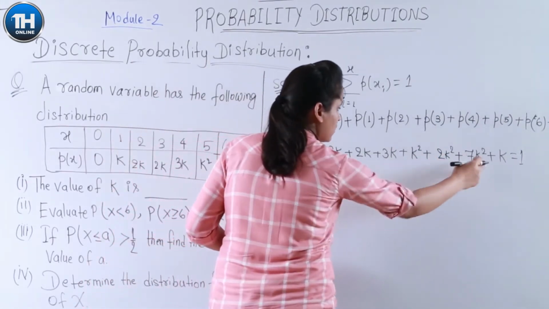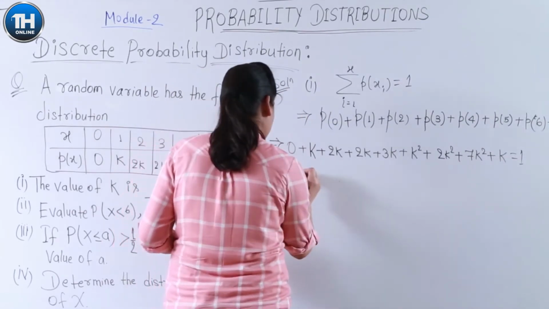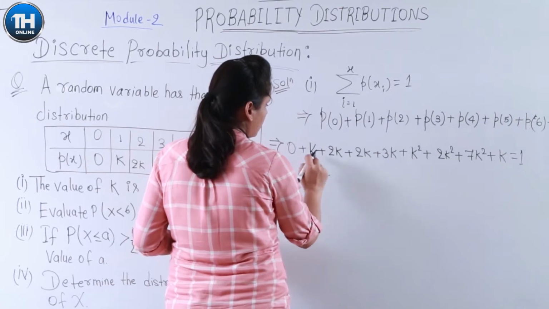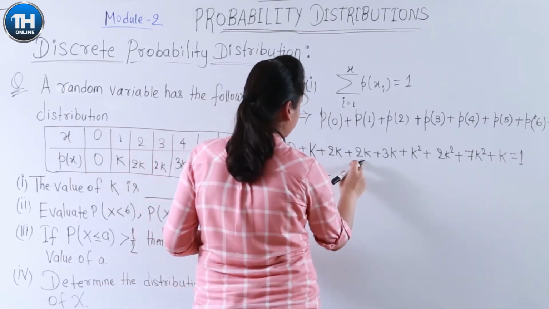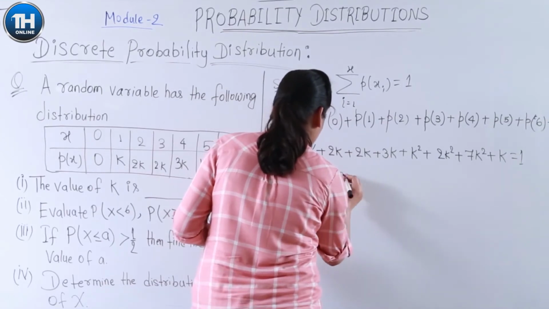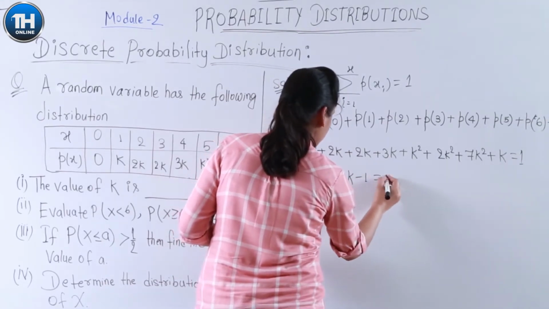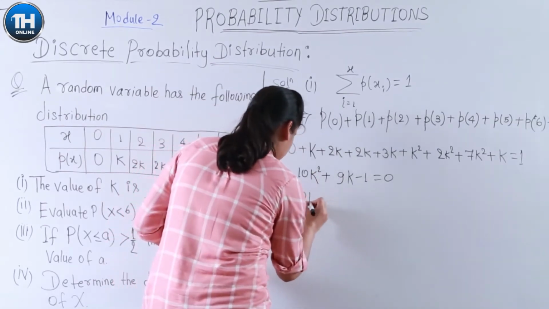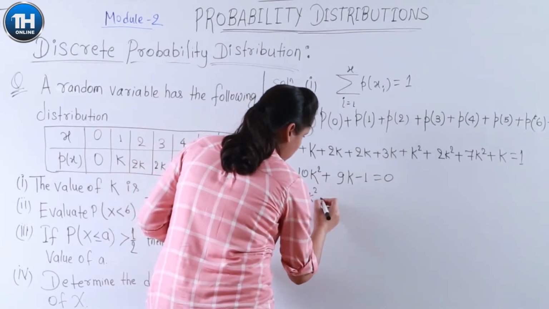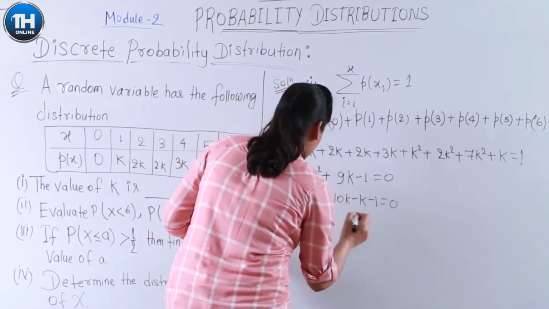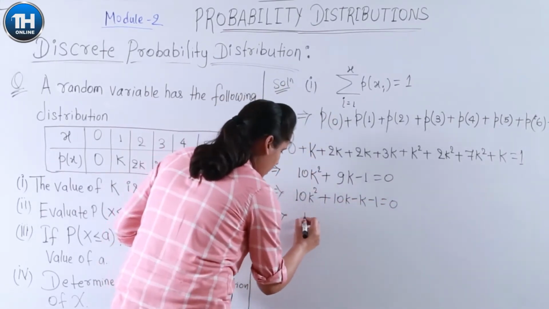Now we can find the value of k. 3k square plus 7k square is 10k square, plus 1, 2, 3, 5, 8, 9 gives 9k, minus 1, equal to 0. So 10k square plus 10k minus 1 is equal to 0.